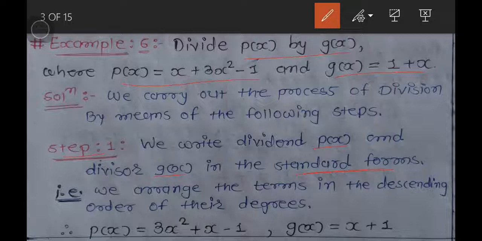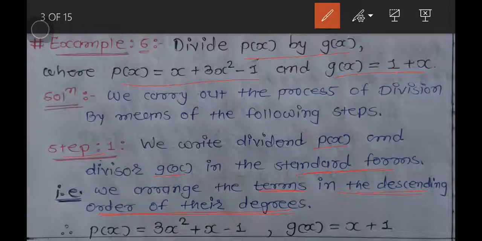That is, we arrange the terms in descending order of their degrees. We arrange the terms of our polynomial in descending order of their degrees. So here we write our polynomial in standard form.